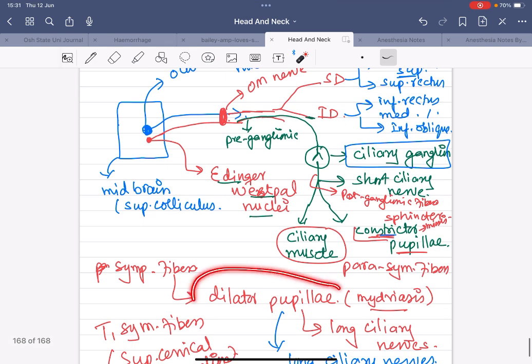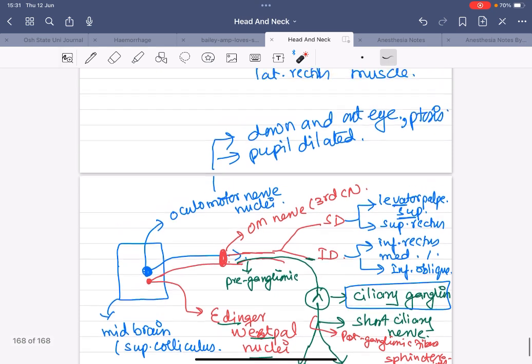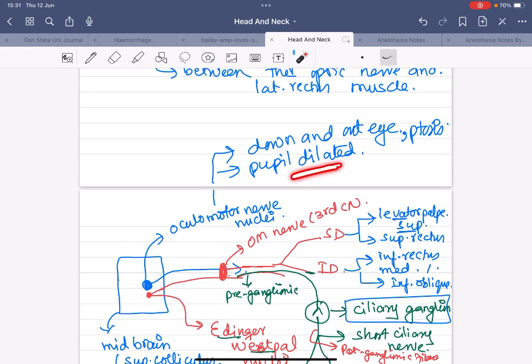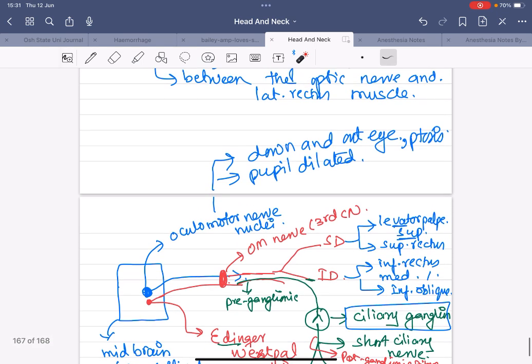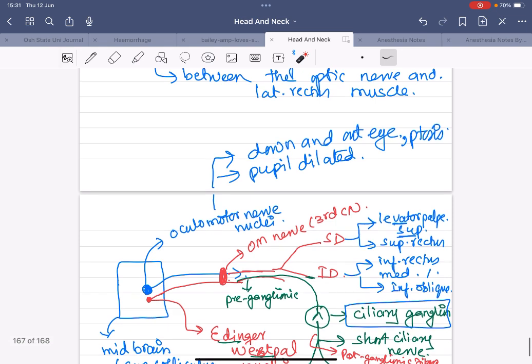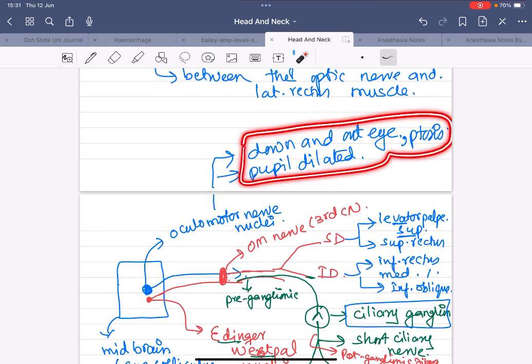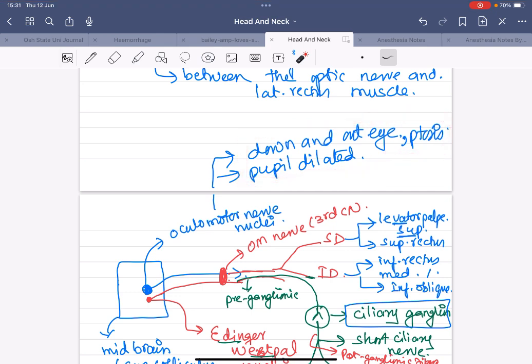The sphincter pupillae is paralyzed, so the pupil becomes dilated. The eye becomes downward and outward because the third cranial nerve is not working, so the opposite cranial nerves 6 and 4 become more powerful. So the patient will come to you with ptosis, a down and outward eye, and a dilated pupil if they have a cranial nerve 3 lesion.